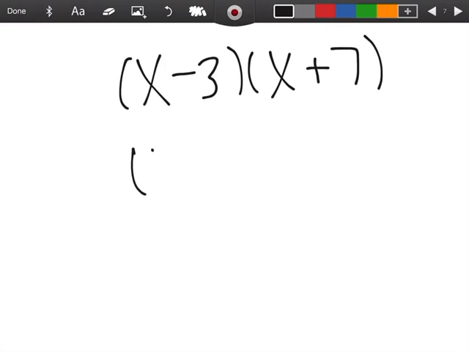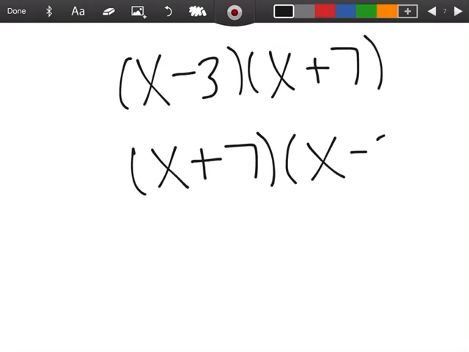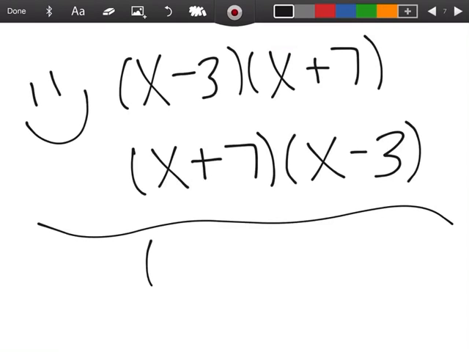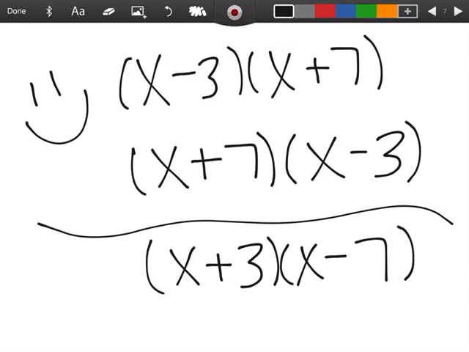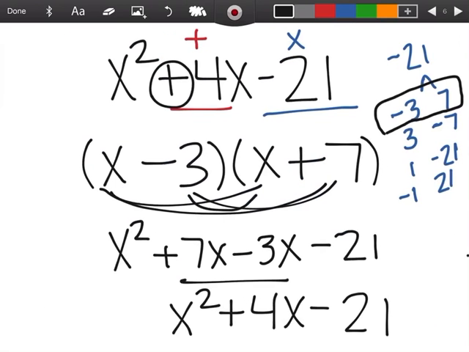But as long as the 3 is negative and the 7 is positive, it could go in either order. I could put x plus 7 and then x minus 3. Those are both okay. But I can't put a plus 3 and a minus 7 because those do not add up to be 4. They add up to be negative 4.